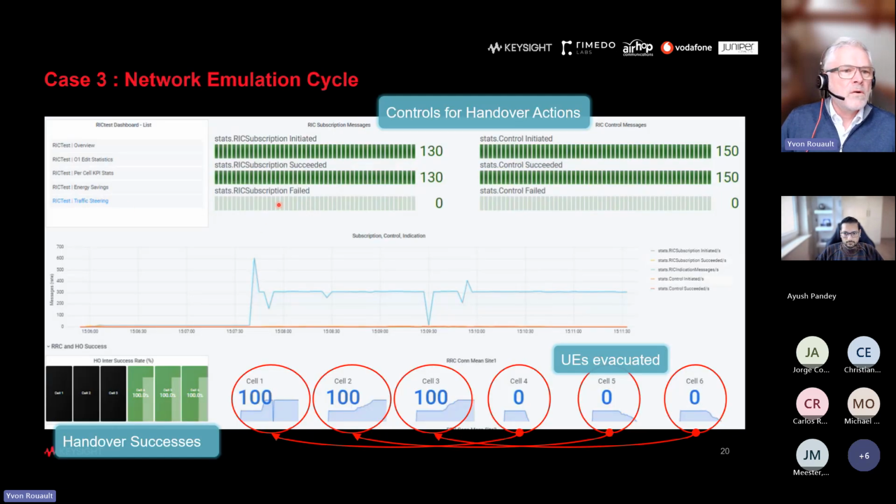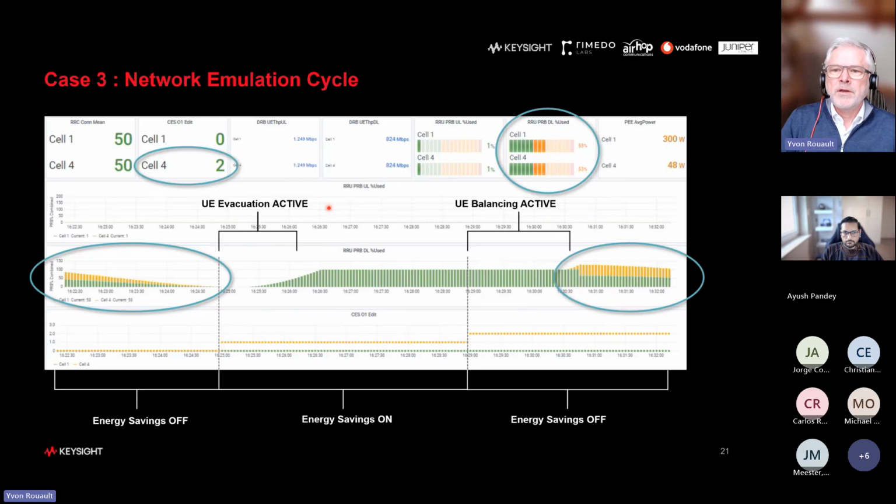There was zero. Somewhere in one of the reports, I didn't put all the pictures here, but basically we could show that there were no calls dropped, and the performance remained good. And you have the consumption per cell here. You can see on this graph, for instance, as well.